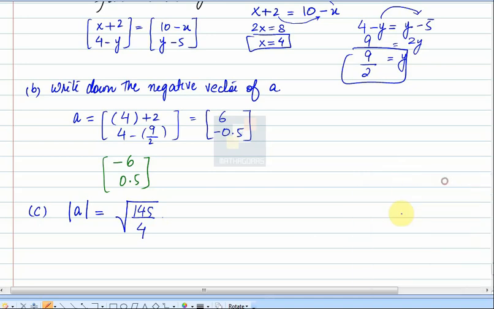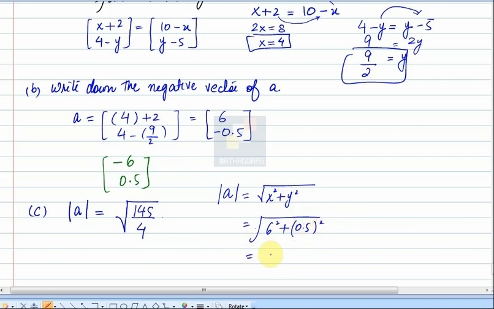So it will be the magnitude of A. We know that the working formula is the square root of x² + y². The value of x is 6, so 6² plus the value of y, which is −0.5, right? So that is (−0.5)².